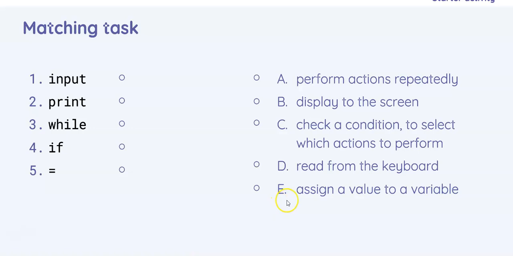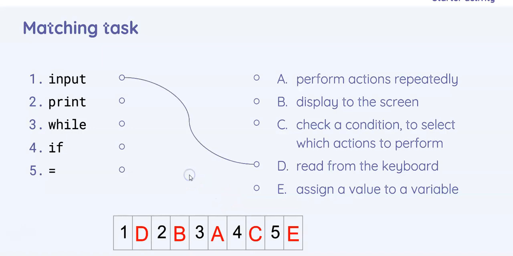Okay, now I believe you are finished. So we're going to go through them. Input means you are trying to read the data from the keyboard. Print means you are displaying, showing something on the screen. While means to perform actions repeatedly.